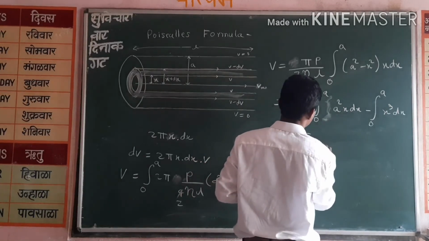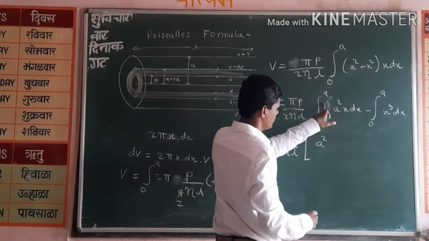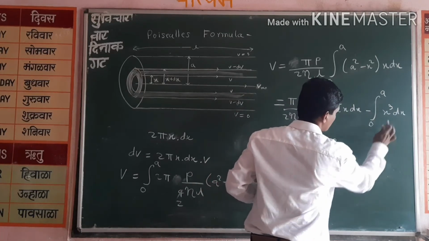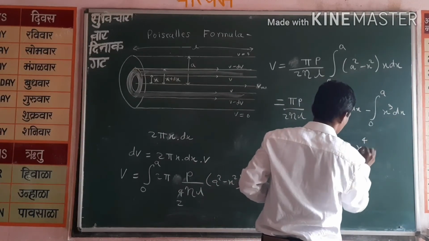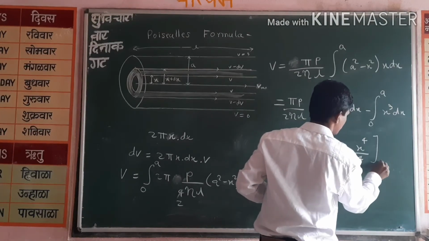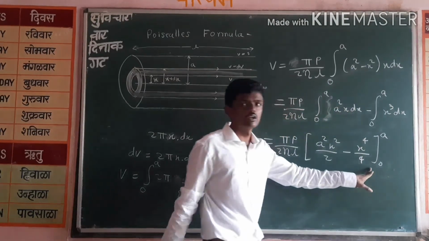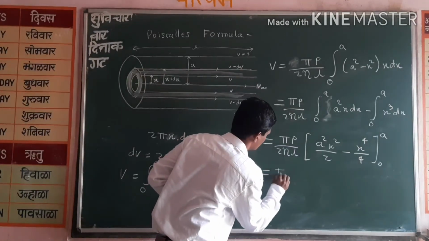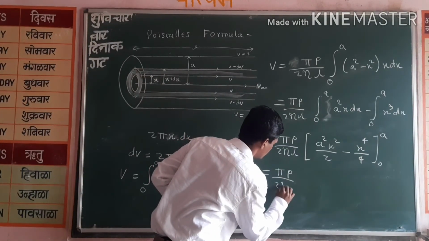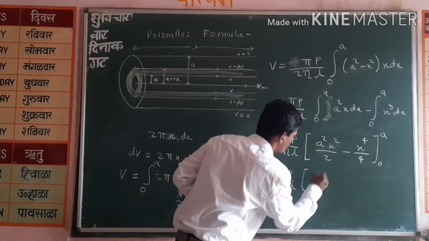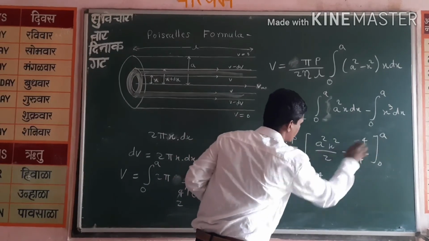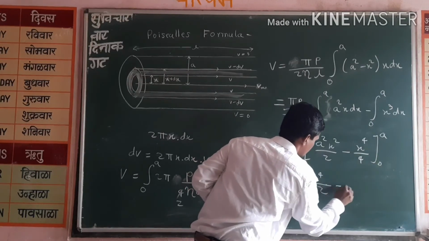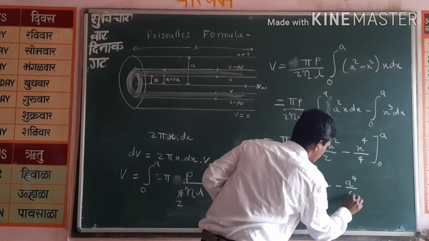So here a² is constant, the integration of x is x²/2, minus x⁴/4, then the limits 0 to a. Putting the value 0, we get 0, and putting the upper limit a, we get a⁴/2 minus a⁴/4.